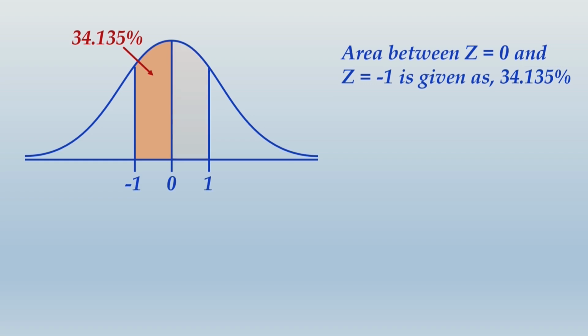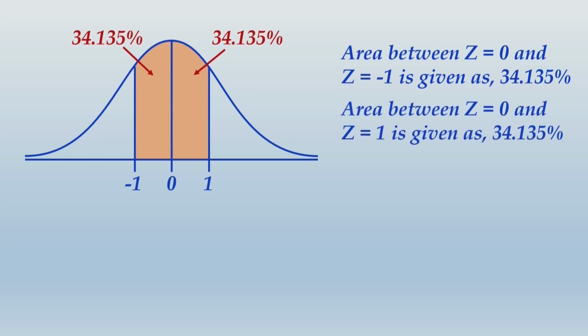On the right side, it is another 34.135%, correct? And the cumulative area, because -1 represents 15% returns, +1 represents 25% returns.